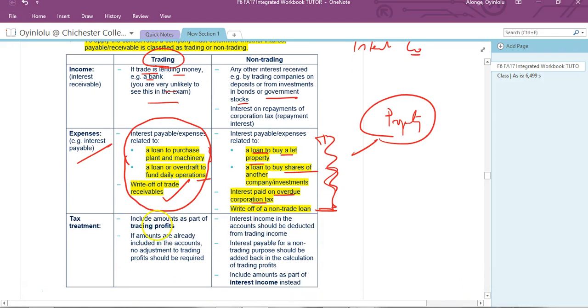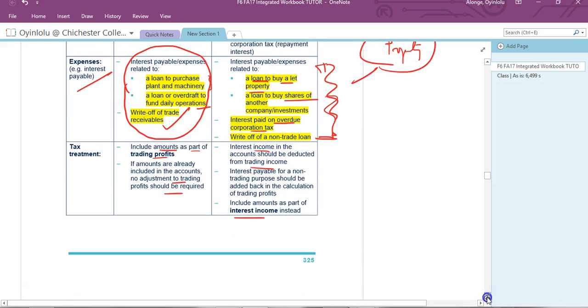You can see this telling us very clearly to include amounts as part of trading profits, no need to adjust. And interest income in the accounts should be deducted from trading income. So it's very clear what's going on here: include it as part of interest income as we go along. Let's see what's next.